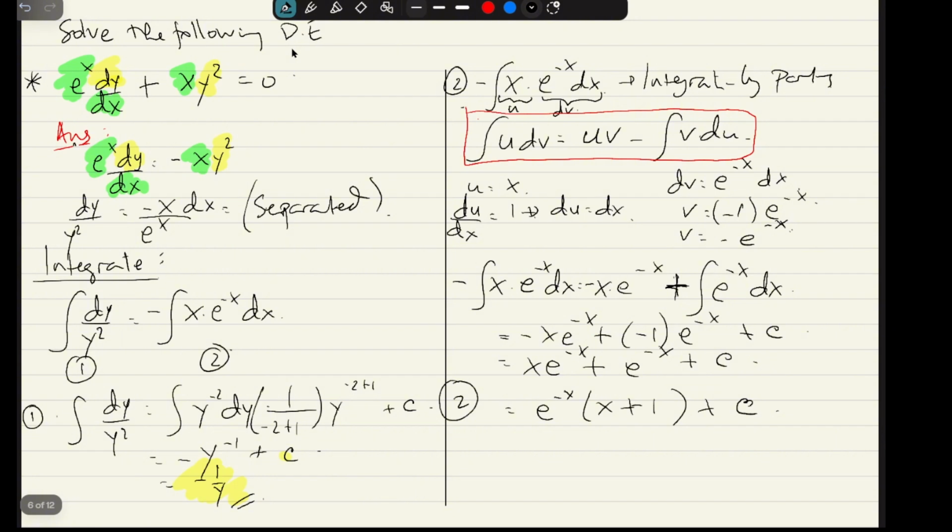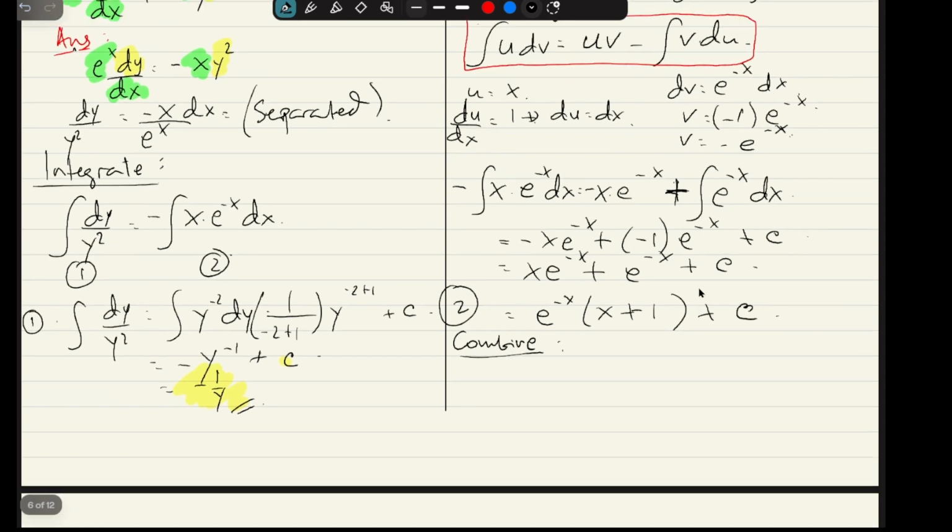So this will become negative 1 over y equals, combine. I have to go edit the paper. Okay. We have negative 1 over y equals the first one here, e to the x.